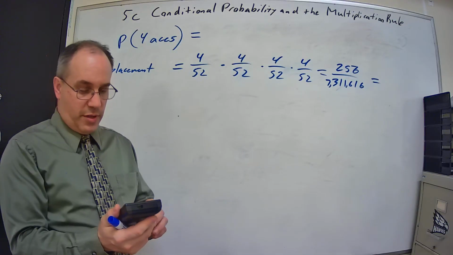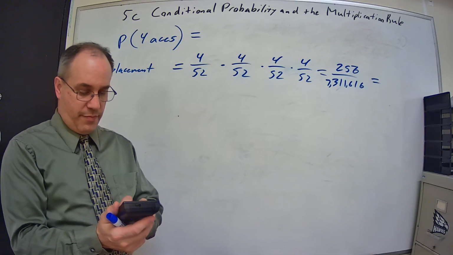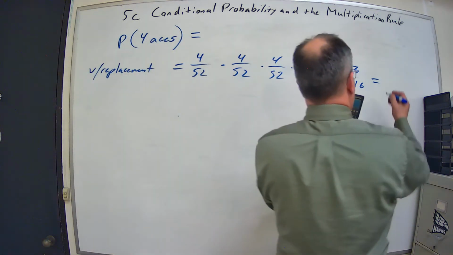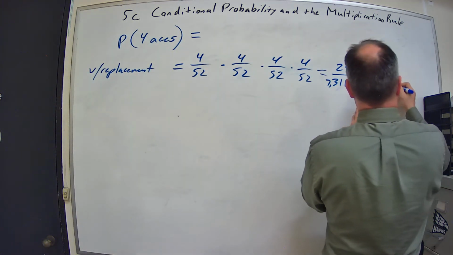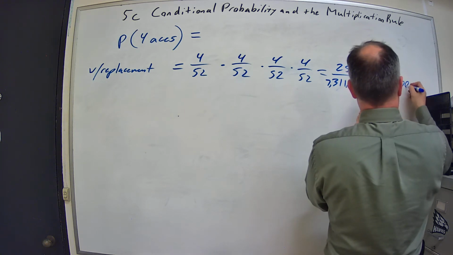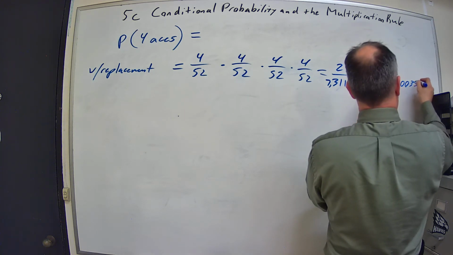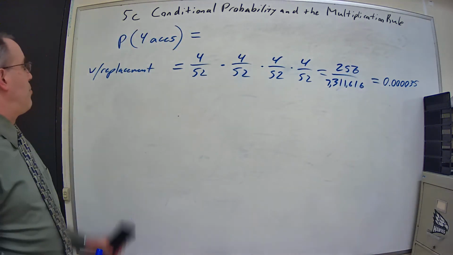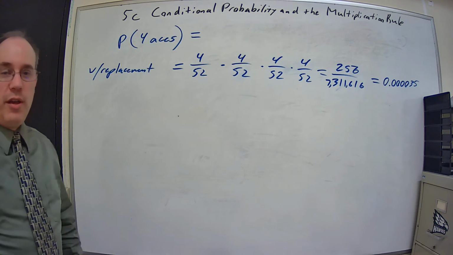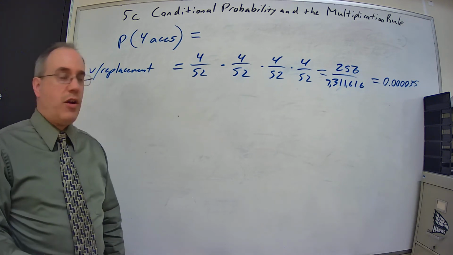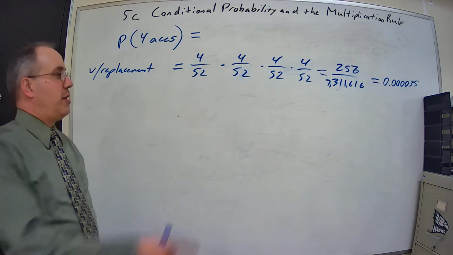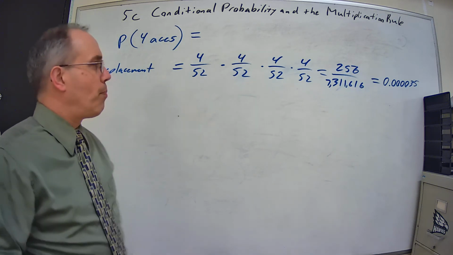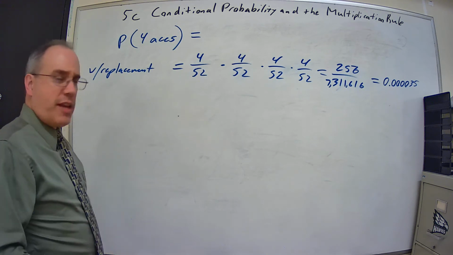So 256 divided into that gives me a probability of 0.000035 approximately. So the probability of selecting 4 aces from a deck of cards with replacement is 0.000035. Not a very likely occurrence.